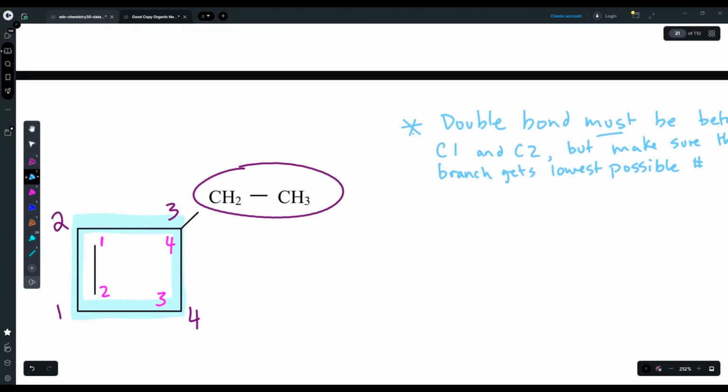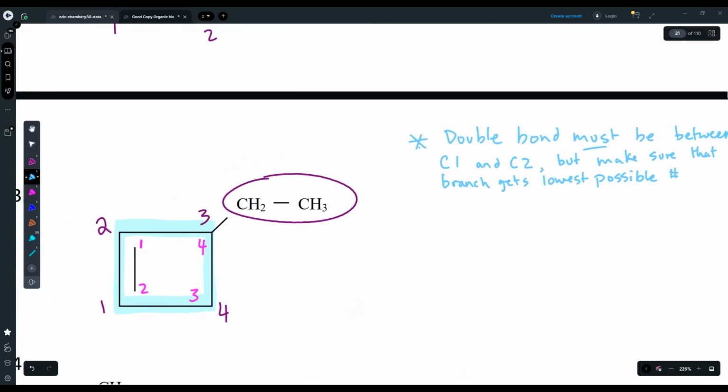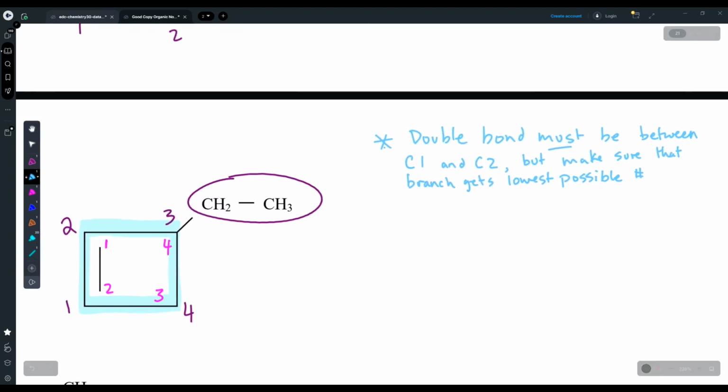In this case, for our branch, this is 3, because there's 2 carbons in this branch, eth, and then the yl just means that we're talking about a branch. So 3-ethyl, and now we have to talk about our parent chain. It's a cyclic compound, so I have to start the parent chain name off with cyclo.